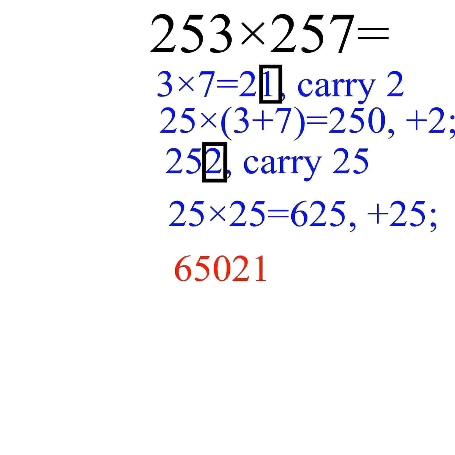So this is our answer, 650. Or 625 plus 25 equals, what is 625? It is 25 times 25, plus another 25 would be 26 times 25. Okay, so here's the rule.